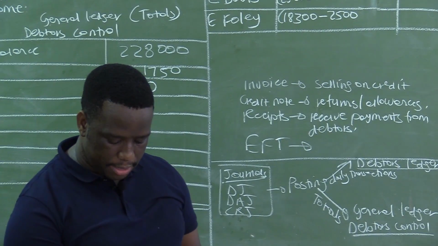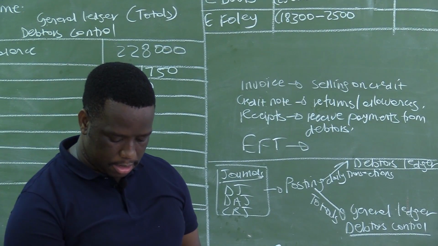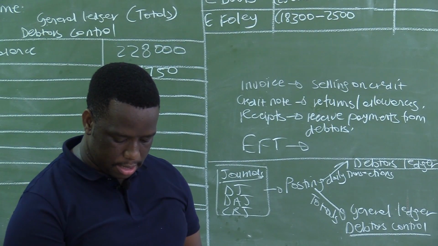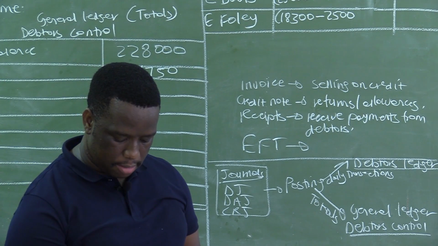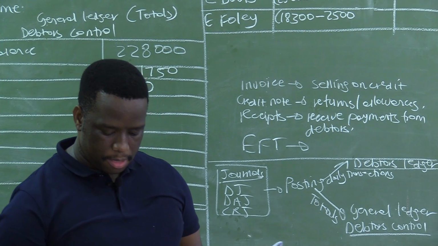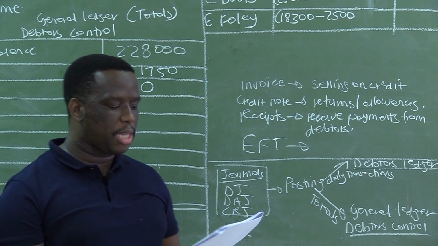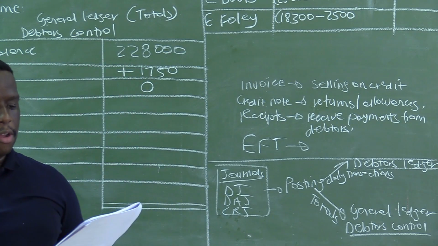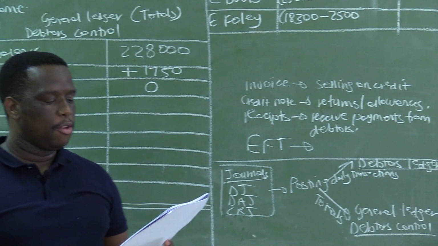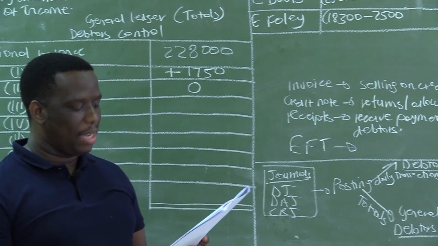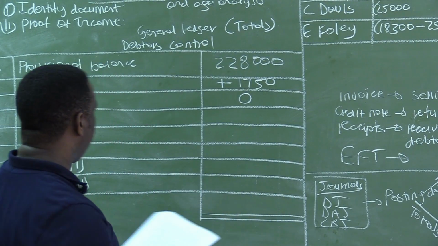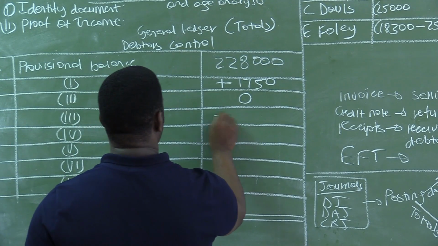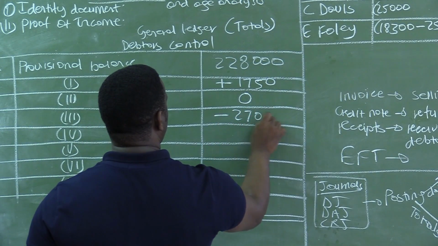Let's calculate the difference. That's 65,200 minus 62,500. That's 2,700. We recorded it with an extra amount of 2,700, and therefore we need to take it out. Minus 2,700.